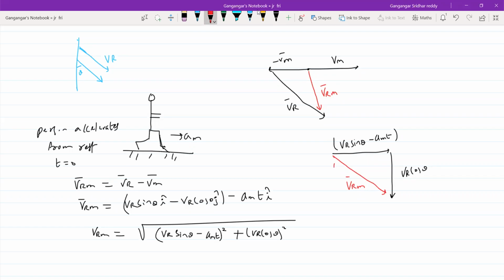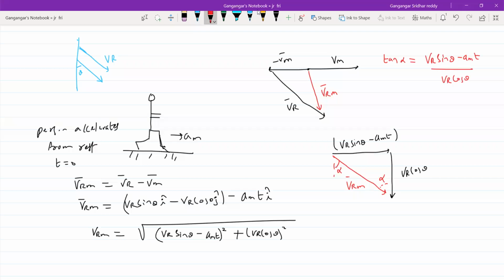So let me take this angle as alpha. So tan alpha, what can you write it as? Tan alpha is equal to VR sine theta minus AMT by VR cos theta.